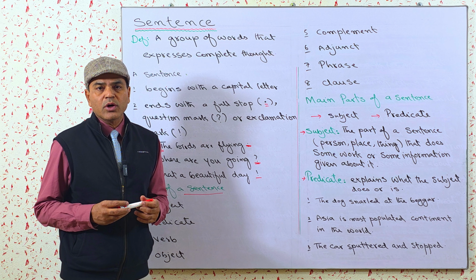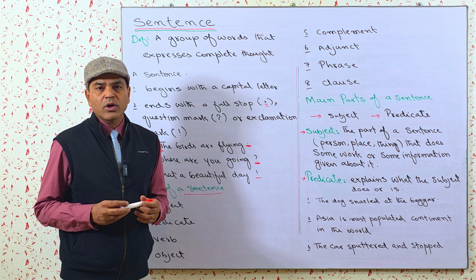Because sometimes we have a group of words but they do not give the complete sense, so we can't call it a sentence. It can be a phrase or clause sometimes, when it is a dependent clause, but not the full sentence.